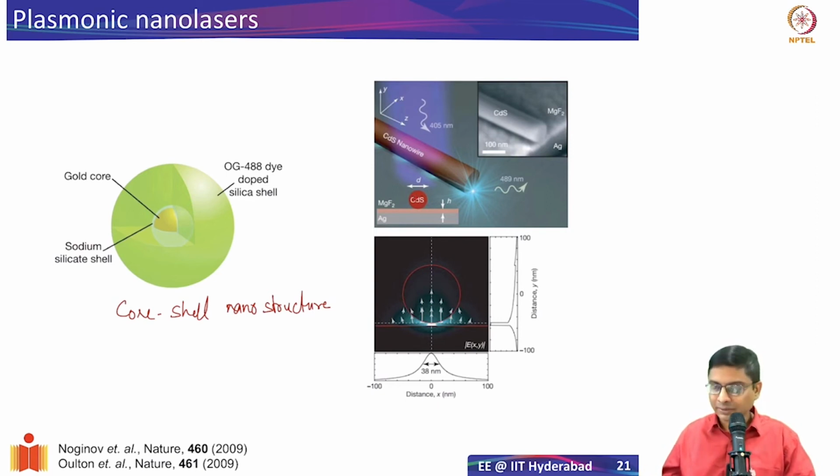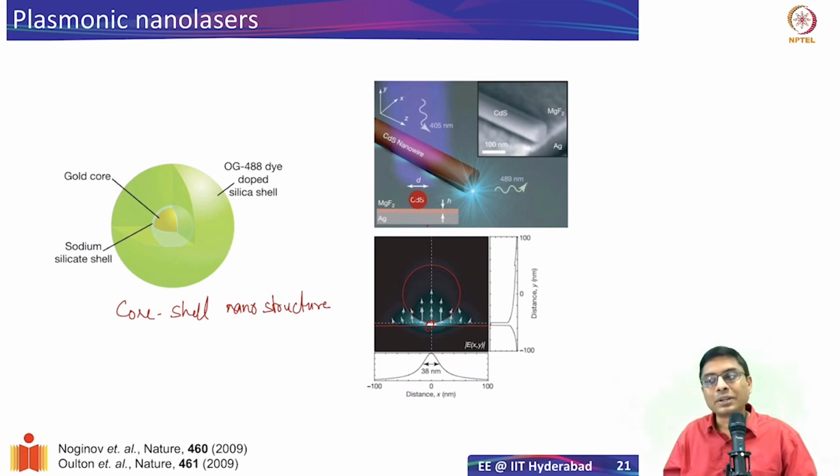And then at the interface, in the gap between the nanowire and the metal, a gap plasmon mode is excited, and the gain amplifies the gap plasmon mode, and you have lasing from this tiny region in between the separation of the cadmium sulfide nanowire and the metal at the bottom. The thickness of the dielectric, the MgF2 magnesium fluoride film here, determines how well the mode is confined, and they showed that with such a structure, you can have lasing from a very low volume.